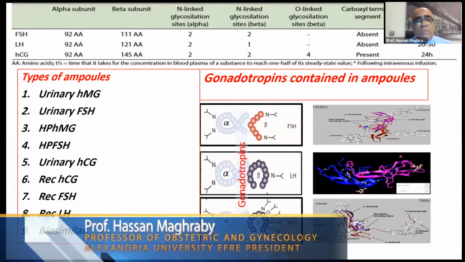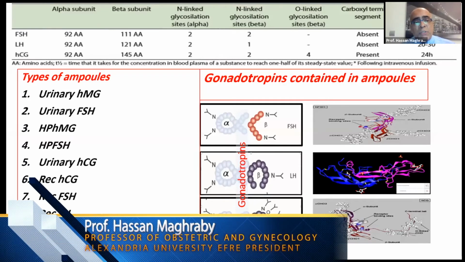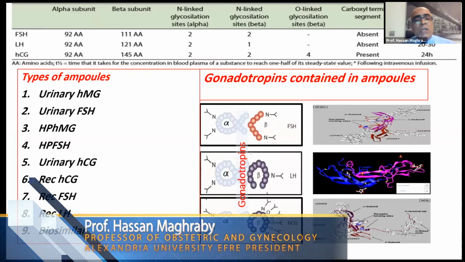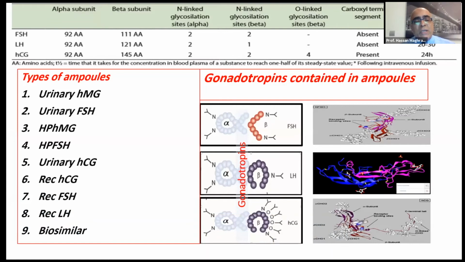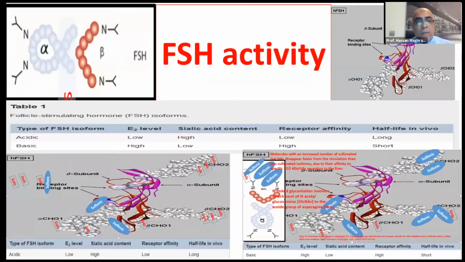The types of ampoules that we use are urinary HMG, urinary FSH, highly purified HMG, highly purified FSH, urinary HCG, rec HCG, rec LH, and rec FSH, and the biosimilars, which of course are also rec. The FSH activity in the ampoules that we use differs.